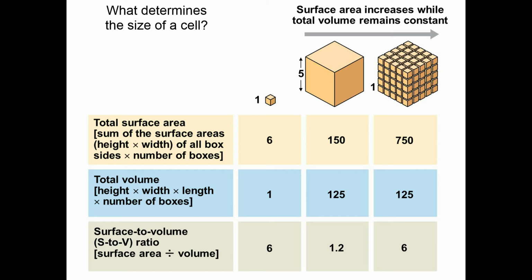Here, to simulate a cell, you'll do this in lab as well, you have this cube. And this cube has a height, width, and depth of, let's say, 1 centimeter. So the total surface area of that cube is 6 centimeters squared. Now, what about the volume?